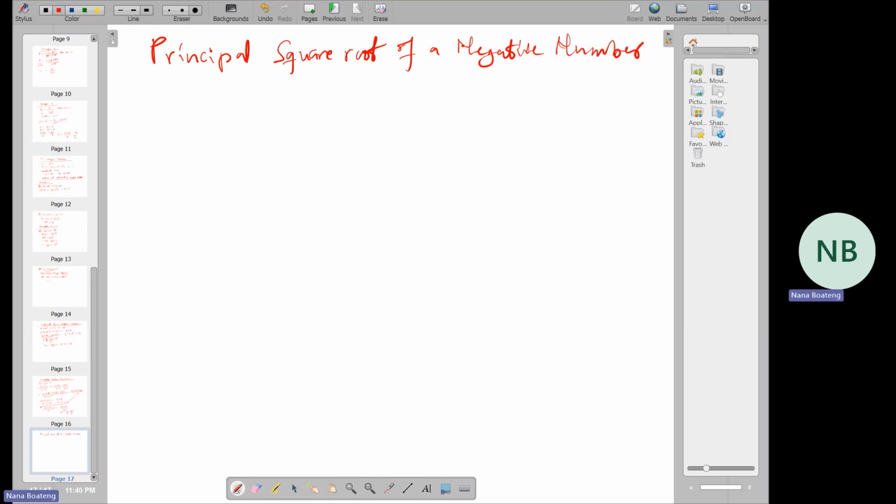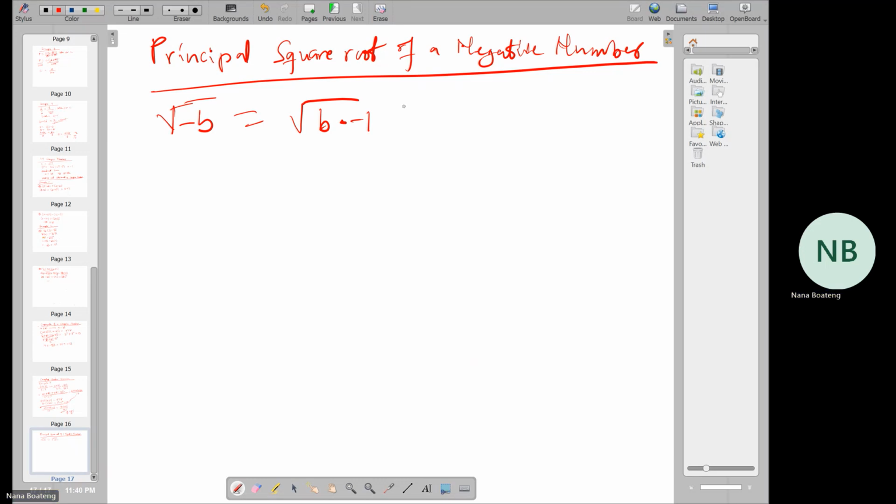The square root of a number such as negative b is the same as the square root of b times negative 1, which is the square root of b and the square root of negative 1. The square root of negative 1 is i, and this becomes i square root of b. All right, so example.